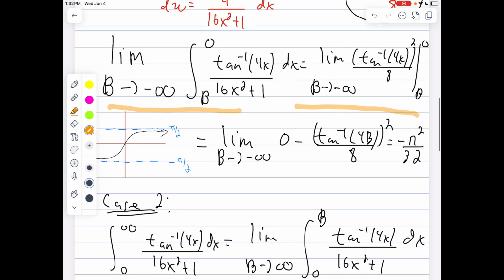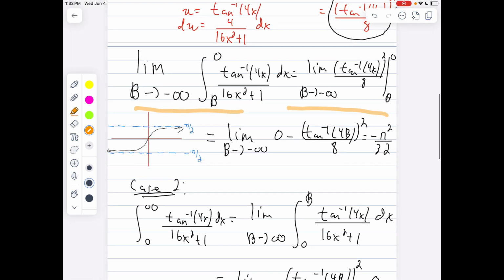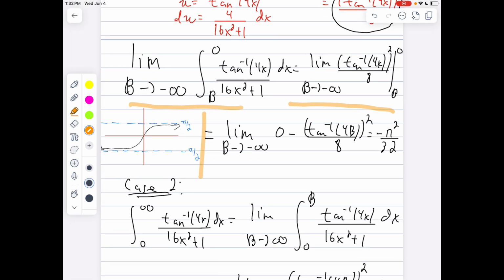Well, if you take a look at the graph here that I just drew, that's the graph of tangent inverse. As b goes to negative infinity, tangent inverse goes to negative pi over 2. It doesn't matter that it's 4b inside here. It goes to negative infinity, and therefore it tends towards negative pi over 2.